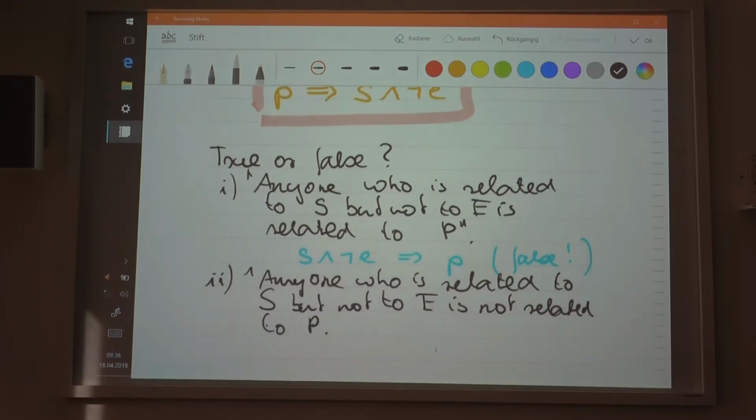So the only difference between the two is that in this case, this statement shall imply that this is not true.